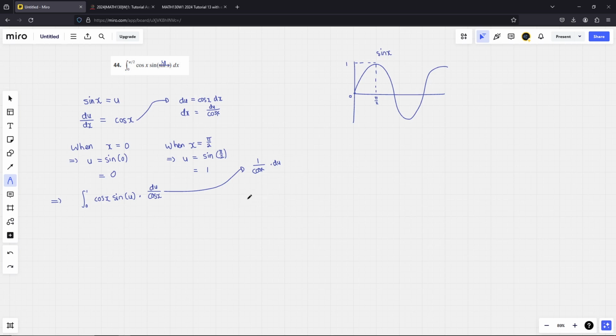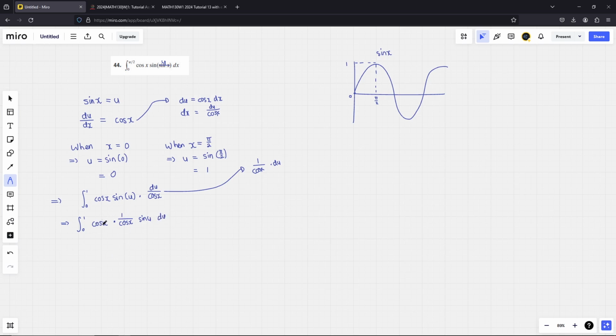So we can rewrite this integral as the integral going from 0 to 1 of cos x. If I rewrite this, I'm going to put that next to this so it's easier to see, and then sine stays the same, sine u, and this is du.